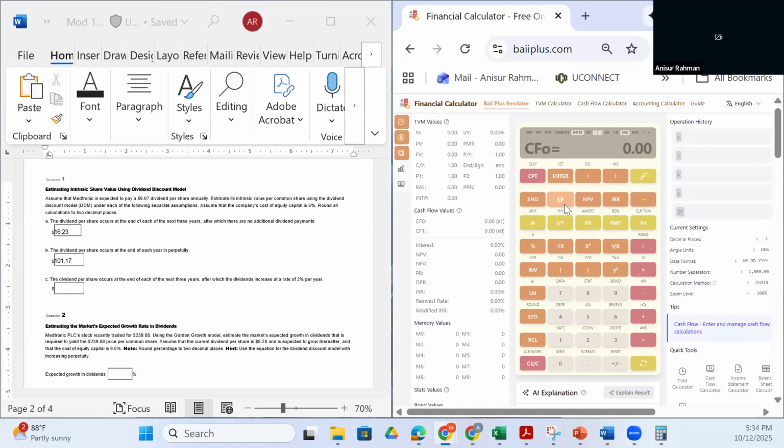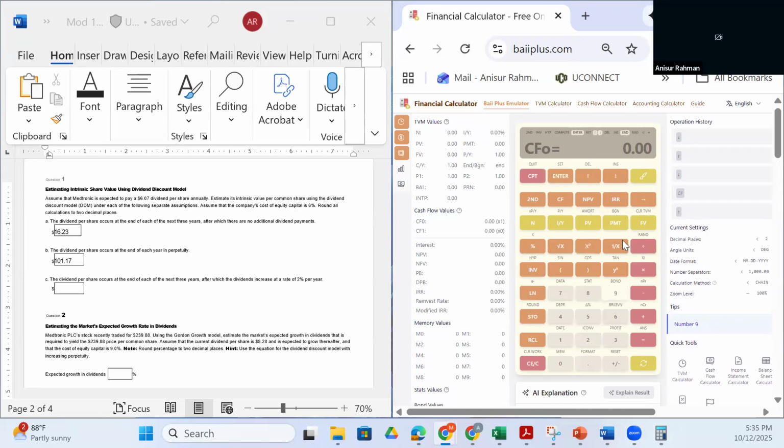So press CF. This should be on your screen. Now the down arrow should be C01, and then F01, and then it comes back to the initial CF0. So I guess we just have to refresh after every computation.